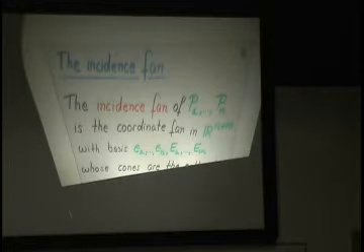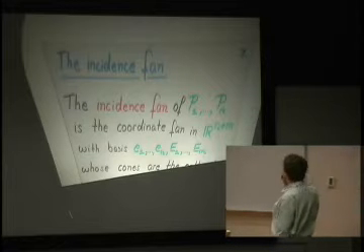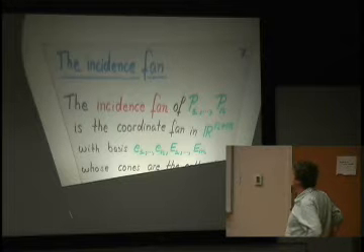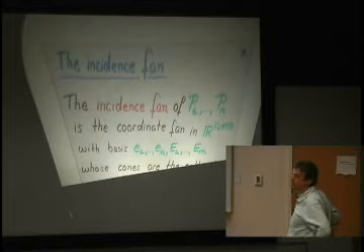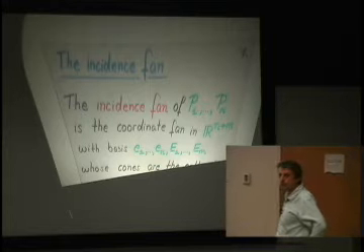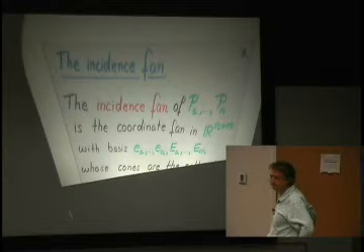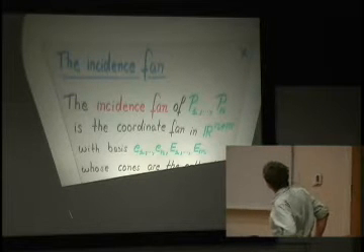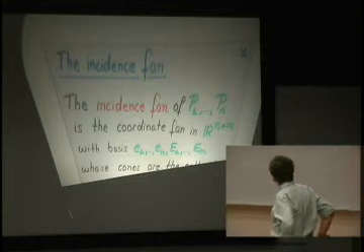The incidence fan is a fan in a big space. So I'm going now to an n plus m dimensional space, R^(n+m). Remember, n is the dimension my polytopes are in, and m is the total number of facet directions. I'm going to define the incidence fan of my polytopes.